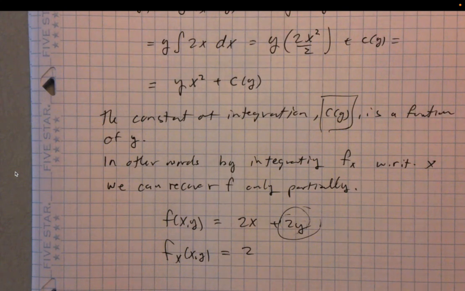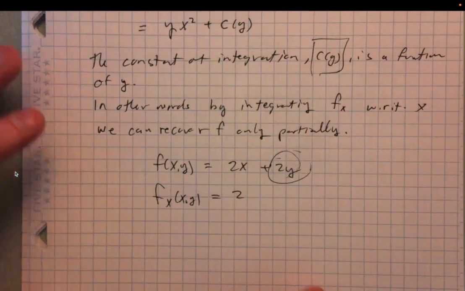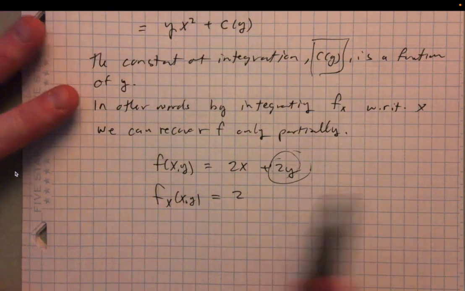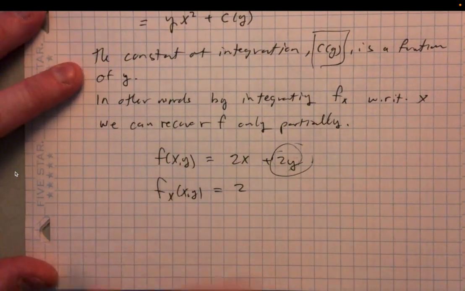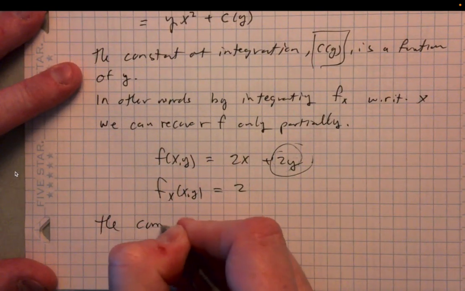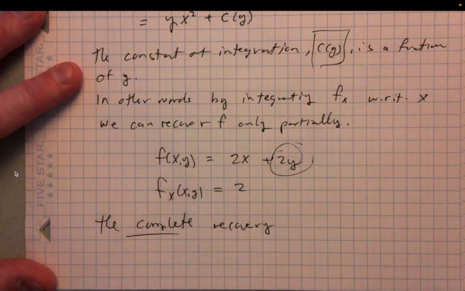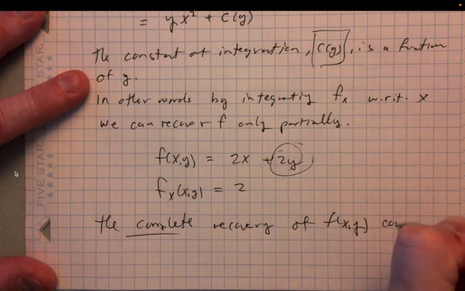Complete recovery of f is possible in some cases, but that's something to talk about much later. In fact, we may not even get into that in Calculus 3 at all. So let me write that down: the complete recovery of f of x, y comes later.